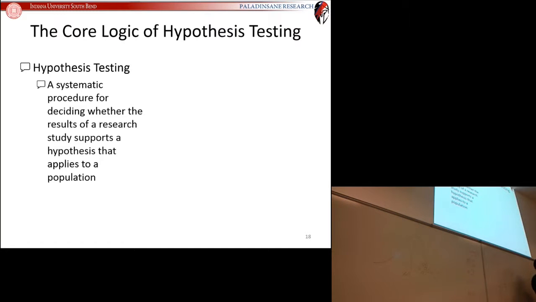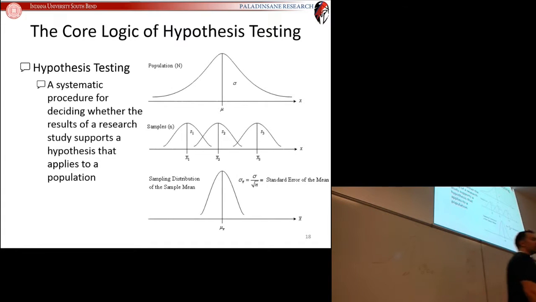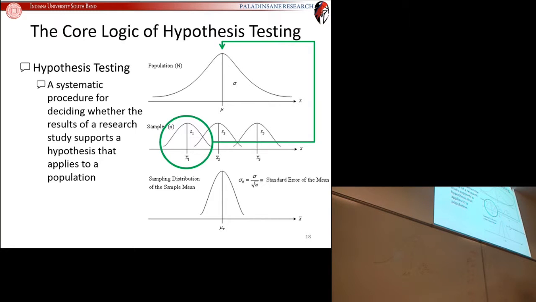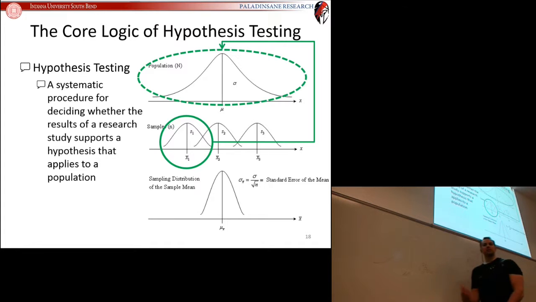And we test it by taking a look at the sample and seeing if we can generalize to that population. So this is going from a sample distribution of scores that you have access to, and being able to generalize about something about the population. That's the first thing to keep in mind. We're always trying to say something about the population.